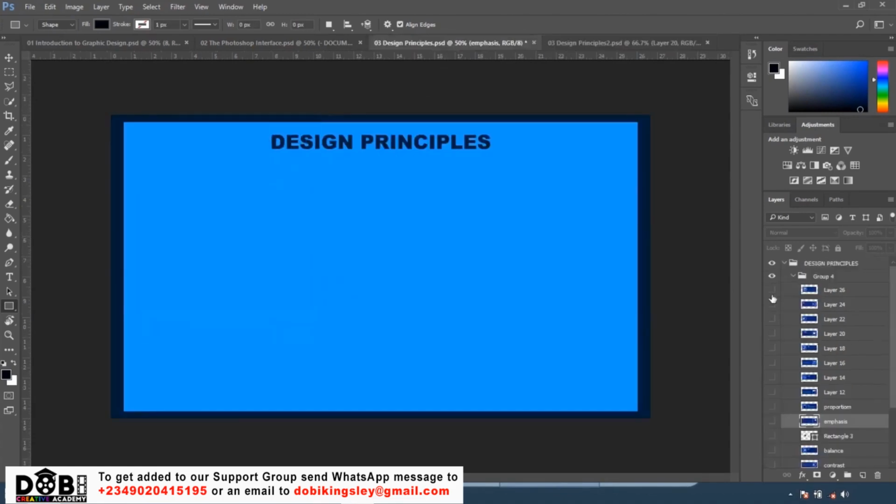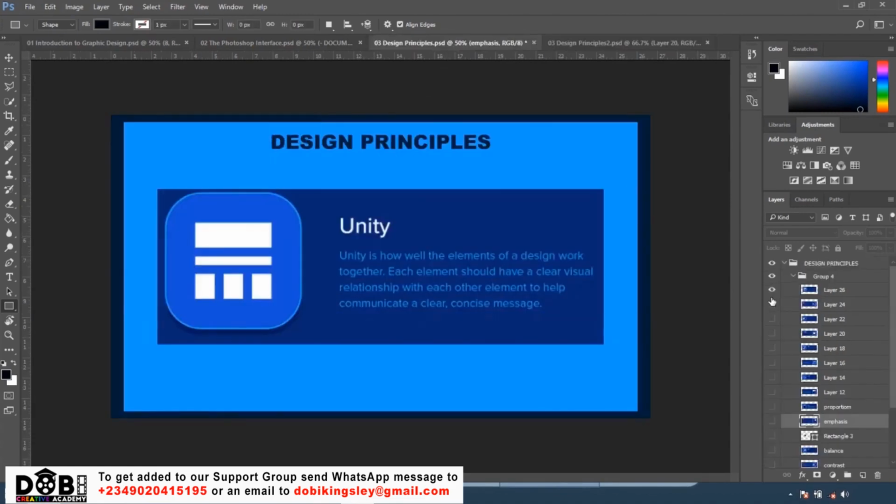So last but not the least is unity. Unity is how well the elements of the design work together. Each element should have a clear visual relationship with each other element to help communicate a clear, concise message. You can see how aligned and arranged everything is here.